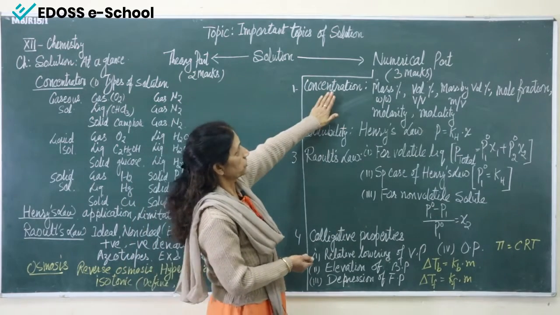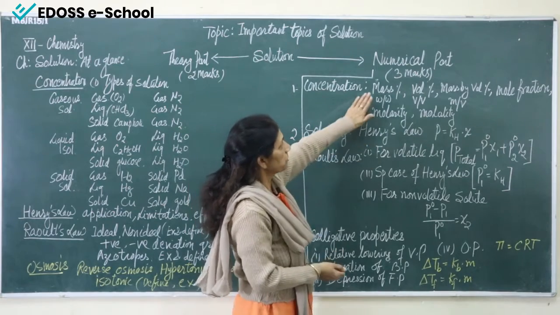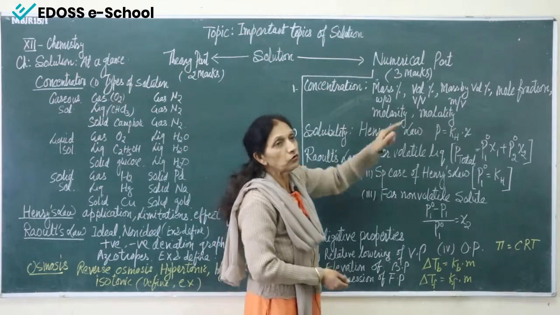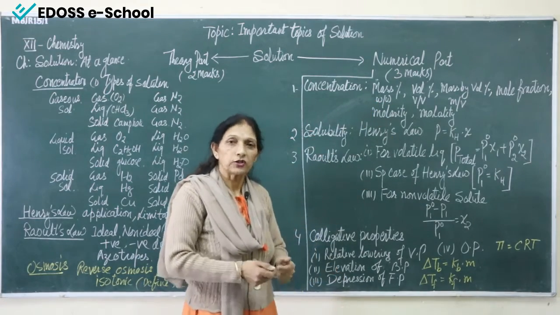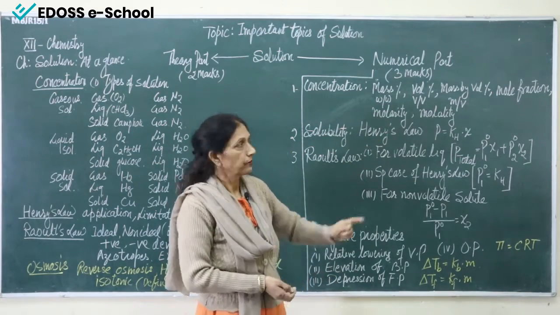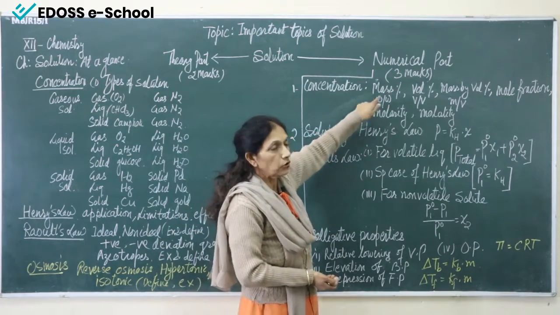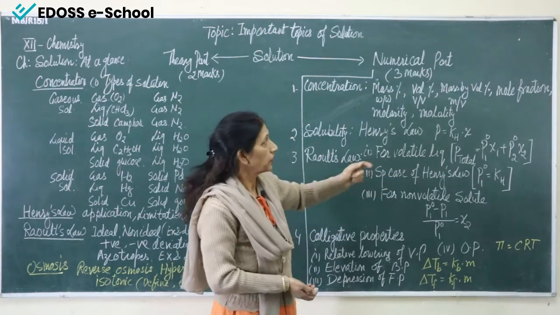So for concentration you can see what type of numericals you have to prepare. First is mass percentage, means W upon W. W is the mass of solute or solvent, means here both have mass. We have to measure solute and solvent both in mass, means in grams.